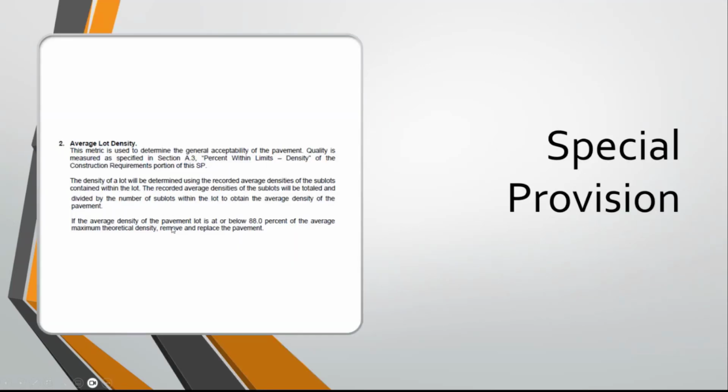This is more of the SP, going over your average lot density. The density of a lot will be determined using the recorded average densities of the sublots contained within the lot. The recorded average densities of the sublots will be totaled and divided by the number of sublots within the lot to obtain the average density of the pavement. If the average density is at or below 88% of the average maximum theoretical density, remove and replace the pavement.